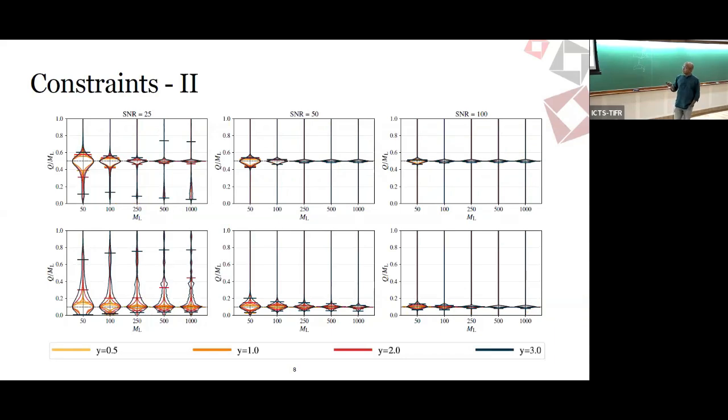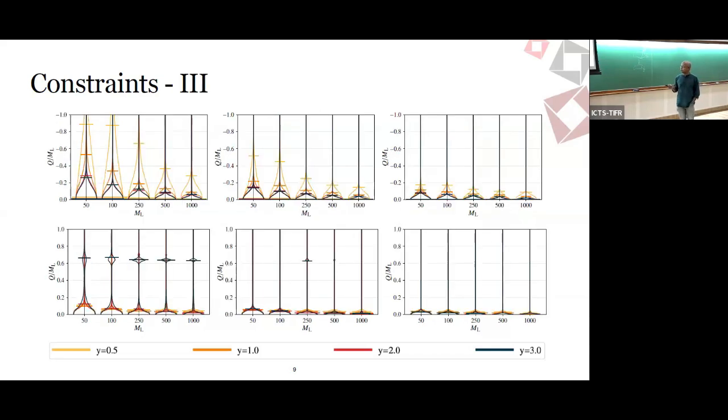You can also put a similar argument and talk about the prior on the positive side of Q. Now here I'm showing you a true Q equal to 0.5 and a true Q equal to 0.1, and you can clearly see that the constraints have improved a lot on the positive side. So what you expect is that the constraints for positive Qs should be much better than the constraints on the negative Q.